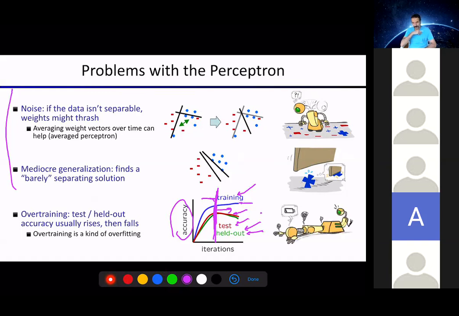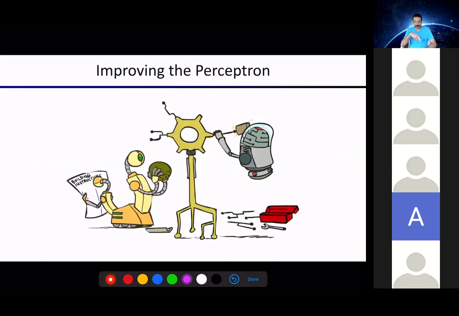And actually, we have a way to address these two issues by extending the perceptron. Because if you think about the perceptron, let's make sense of it, right? The perceptron uses only knowledge with respect to activations.